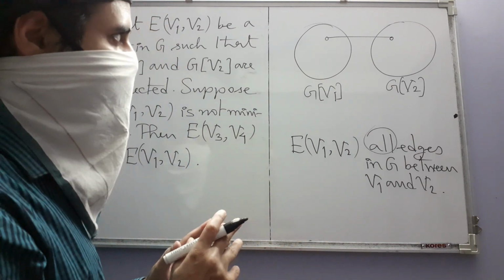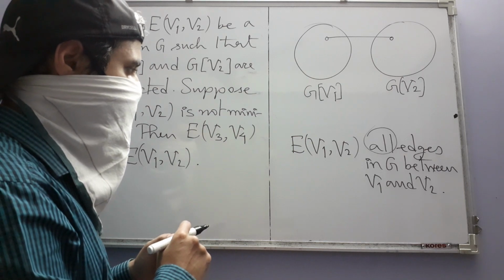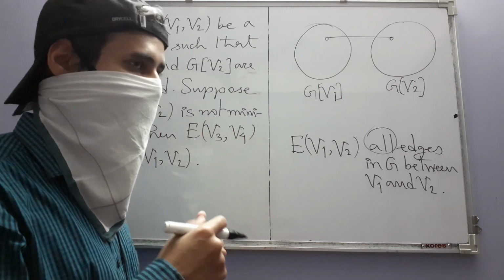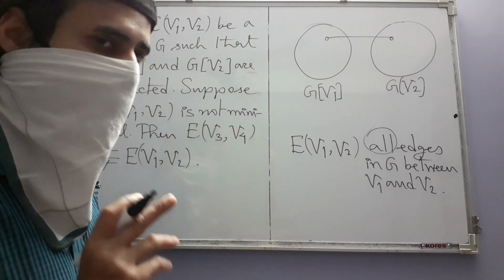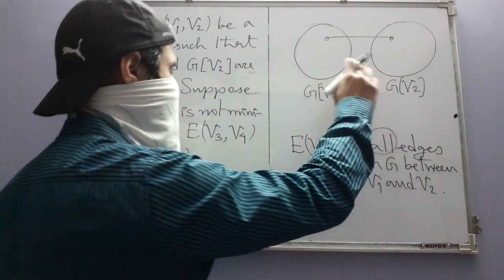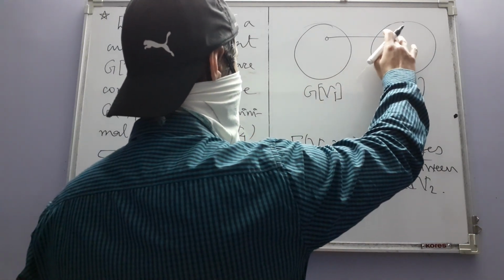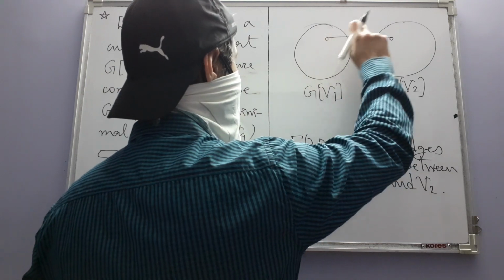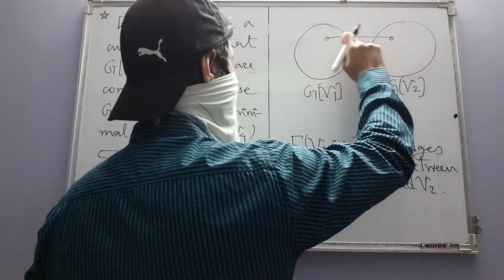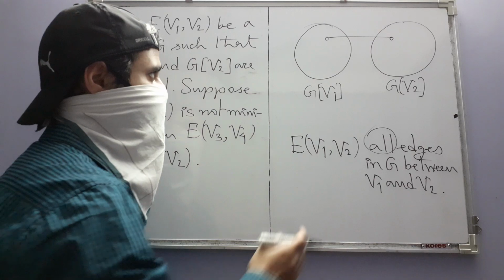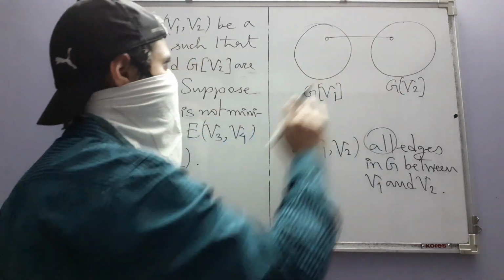That edge somehow has to be made to vanish, but the only way of doing that is if you move either this vertex on this side or this vertex on this side, because then you do not consider this edge.